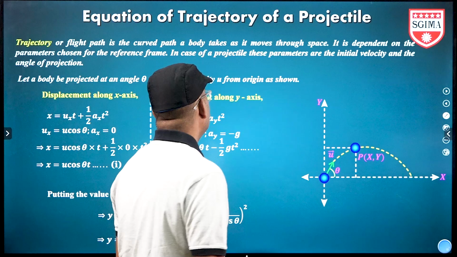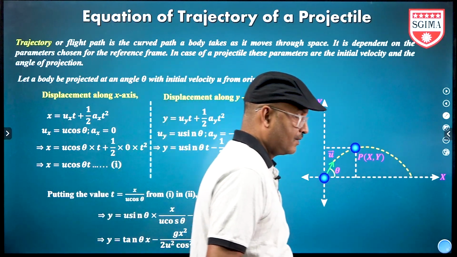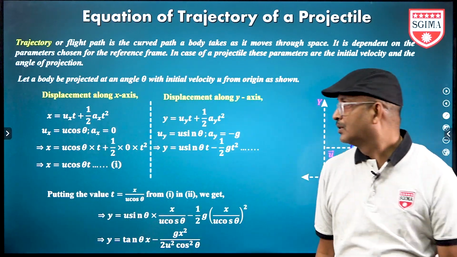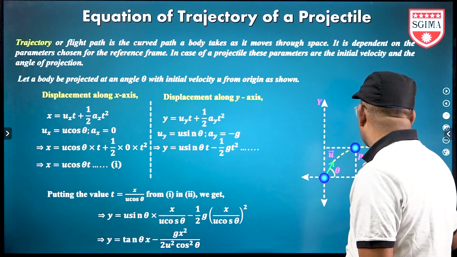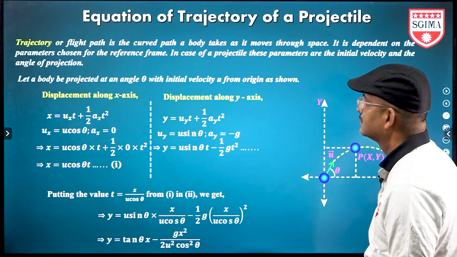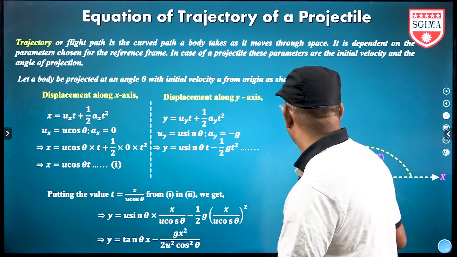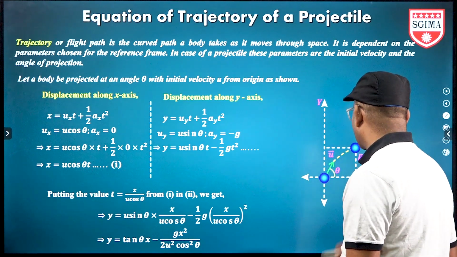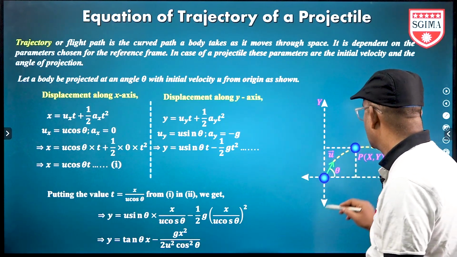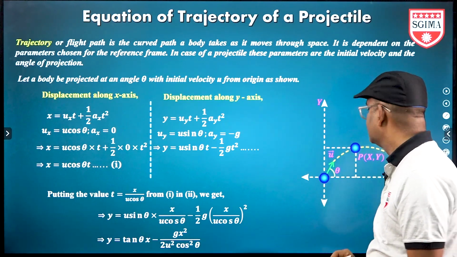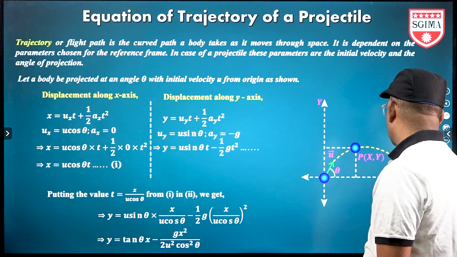See, the equation of the trajectory of a projectile is very, very important. Trajectory is the path followed by the projectile. Suppose I am projecting with velocity u making some angle theta, then it follows this path.